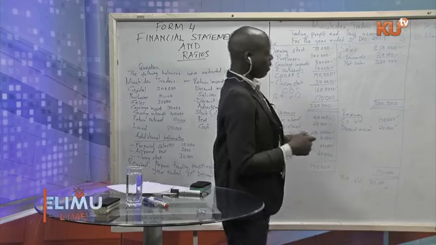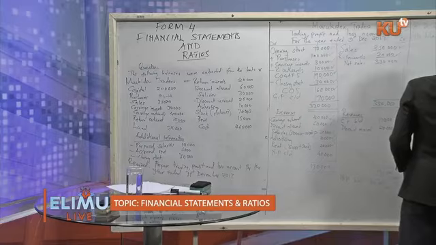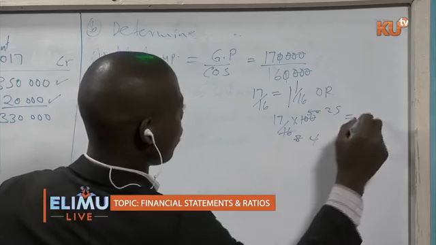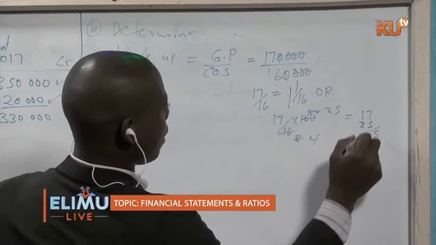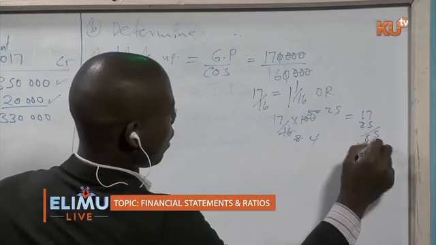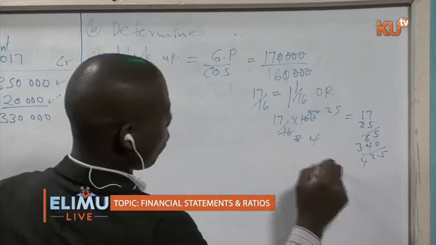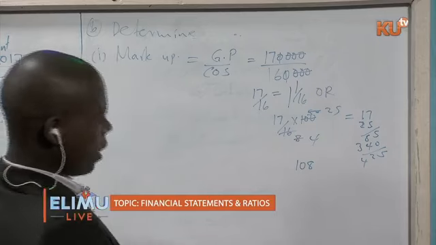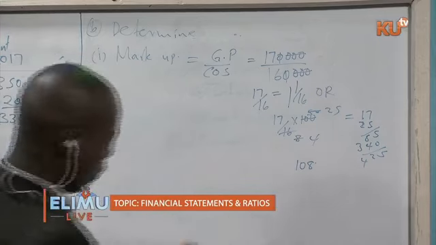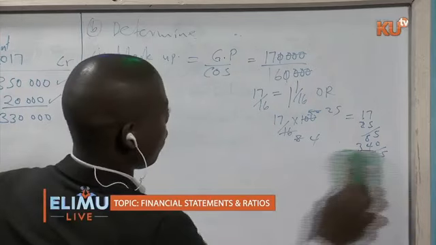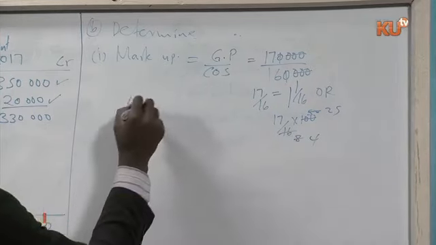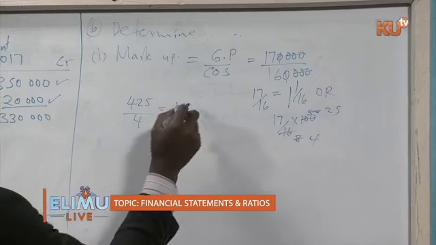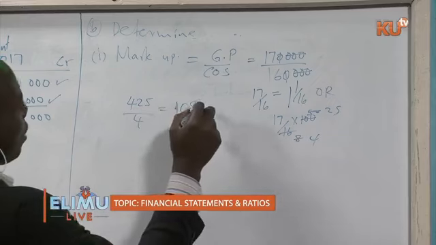That will give you 1700 over 16. If we do the simplification, we divide by 4 and then again by 4, which gives us 425 over 4, and we are left with 106.25 percent.